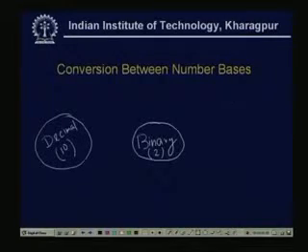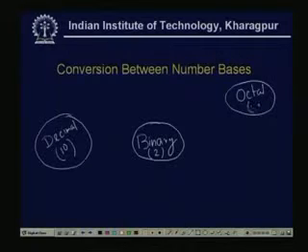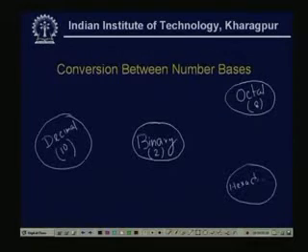Just now we have read another 2: one is our octal number system, where the base is 8, and the hexadecimal, where the base is 16. So, conversion means I can do decimal to binary, that means given a decimal number, I can convert it to binary, and vice versa.